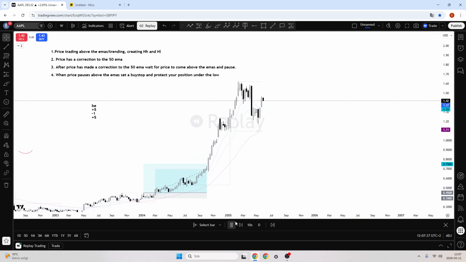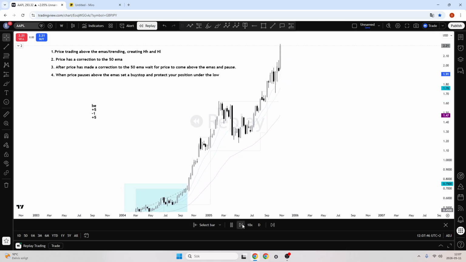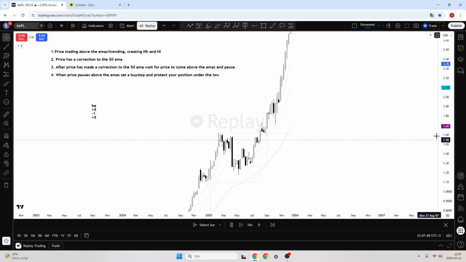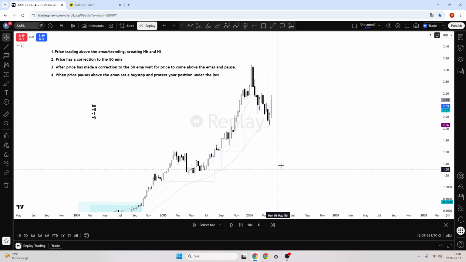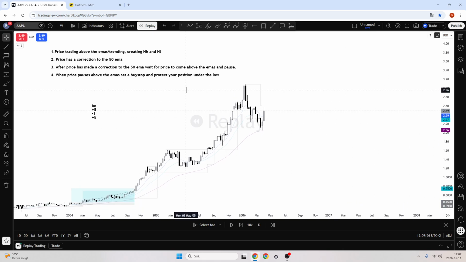So let's wait for a flush to the 50 MA right here. So price flushes down to the 50 MA.